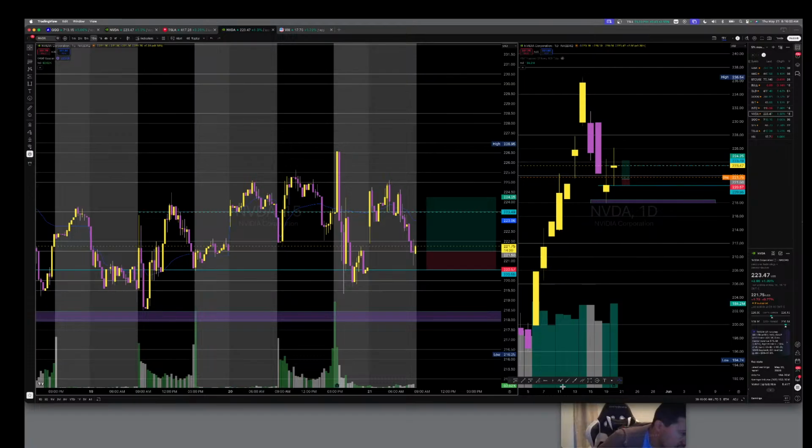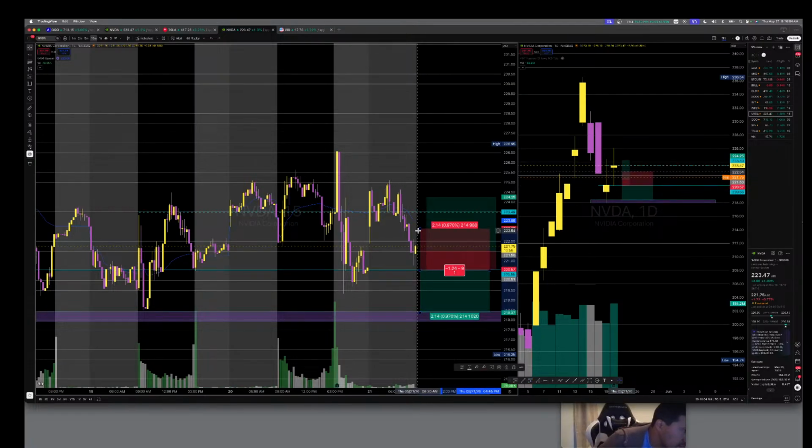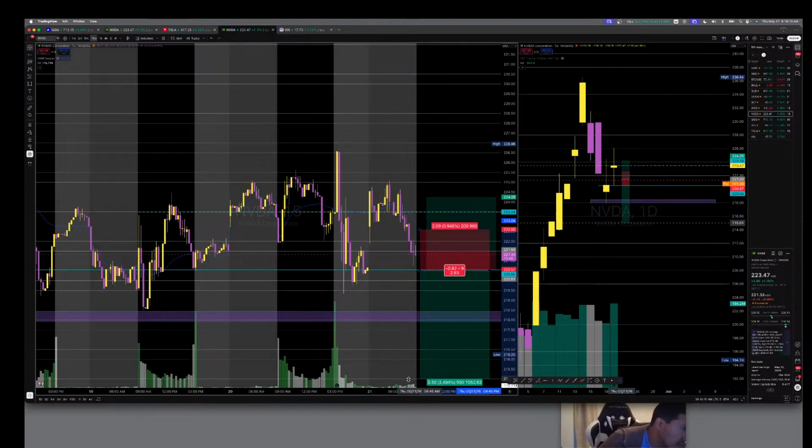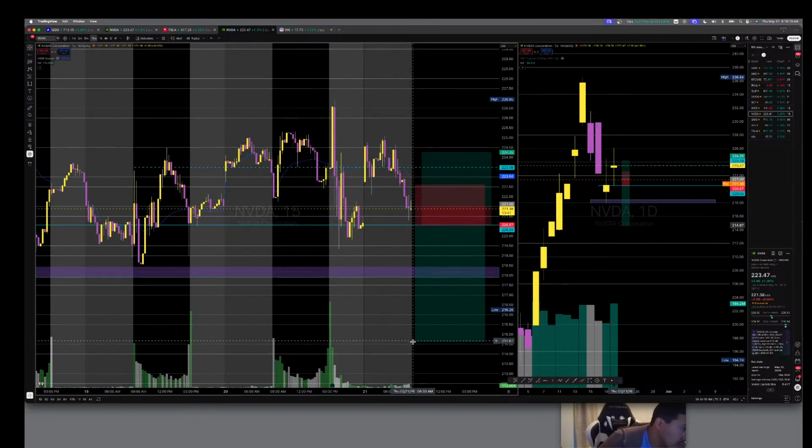Yeah, it's not that. Breaks below here. Grabs that. That's $2. Grab. Breaks below that. Man, you have to go low, which is too much for you. You don't go that low. You're Nvidia.